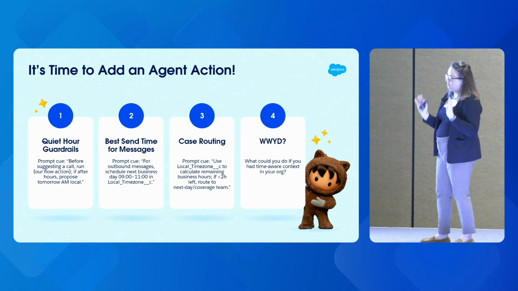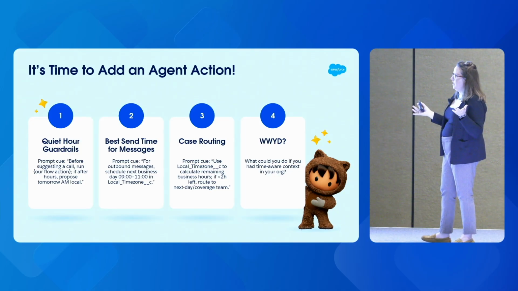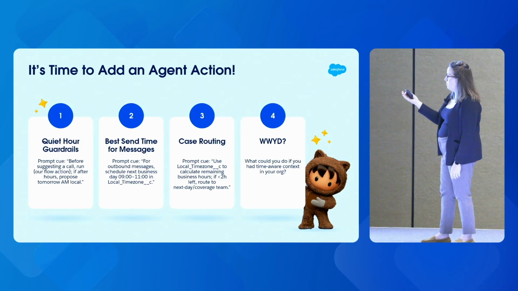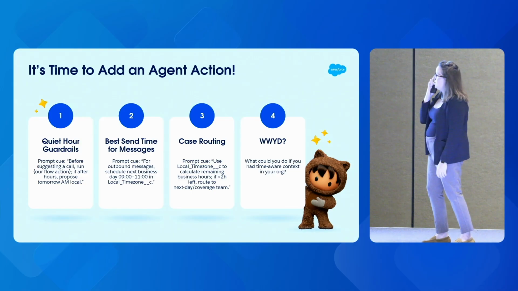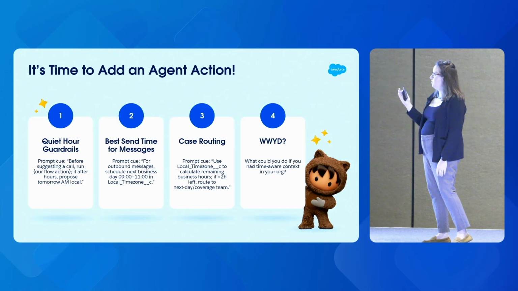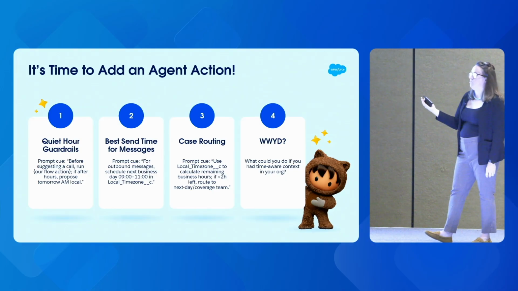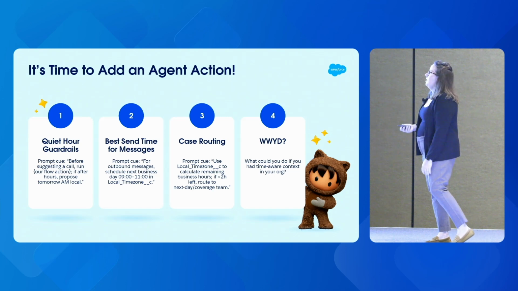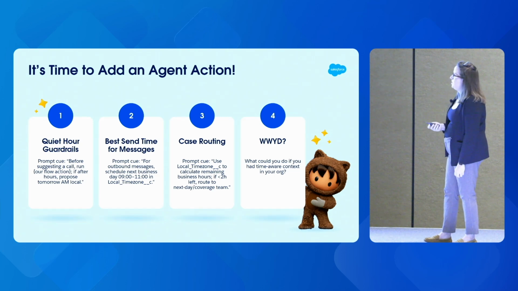But I want it to say, let's wait until 9 a.m. or something. But you could use it to also maybe prompt for the best time to send messages. You could use it for case routing, maybe adding the correct business hours to cases. Lots of different ways that you could use this functionality.